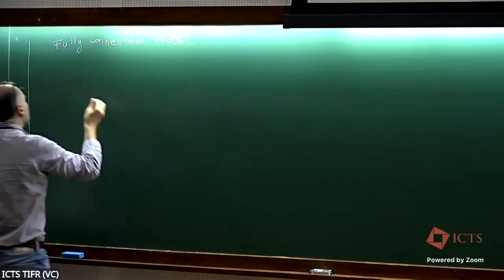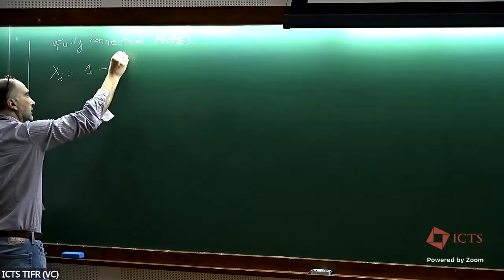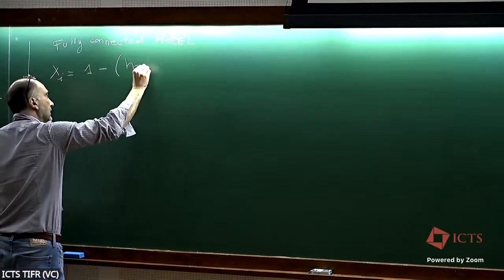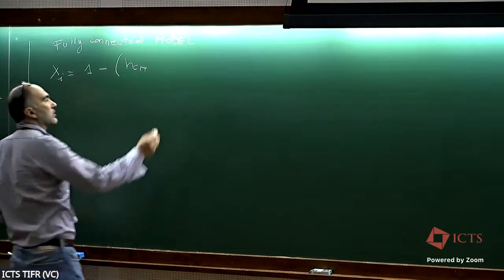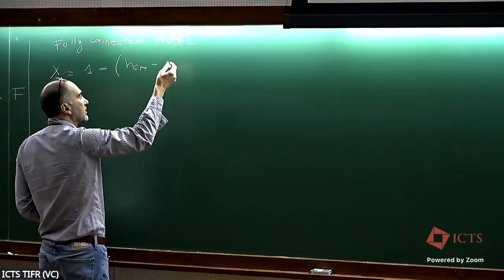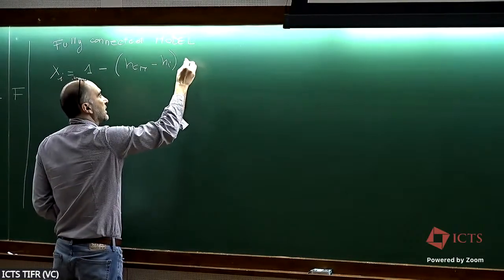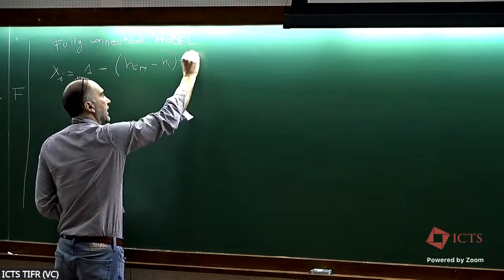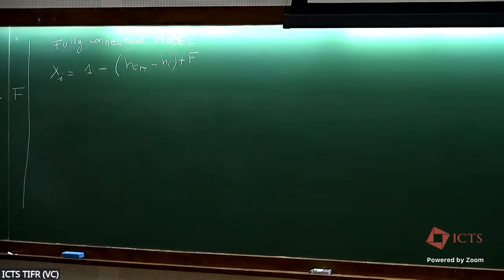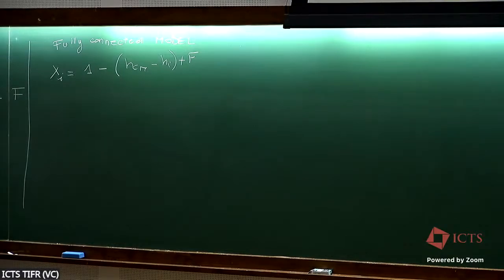The only difference is that this is the average position of the line. CM means center of mass, the average position of the line. And then you have the same thing as before, plus f. So this is the model that you can study analytically. You replace this by this. That's it.